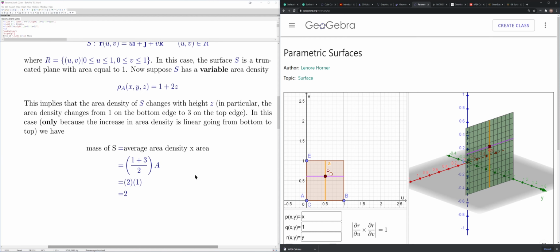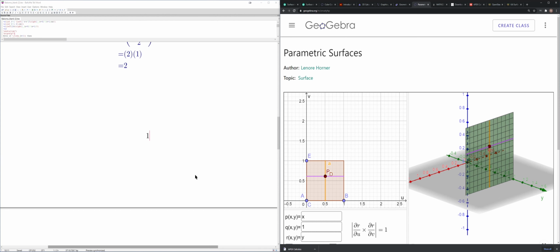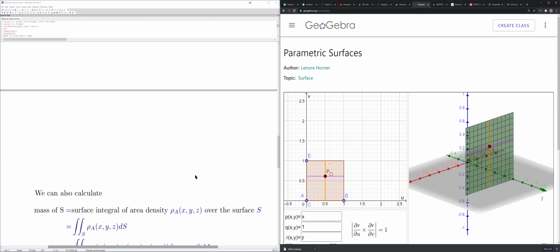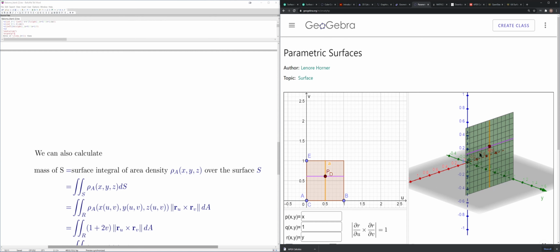But I can also calculate the mass of this metal plate by using a surface integral.